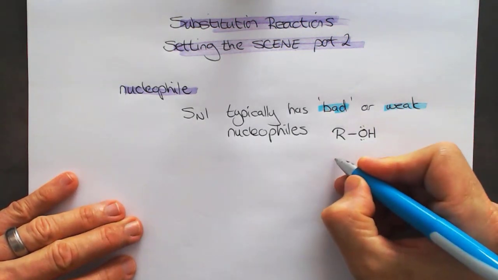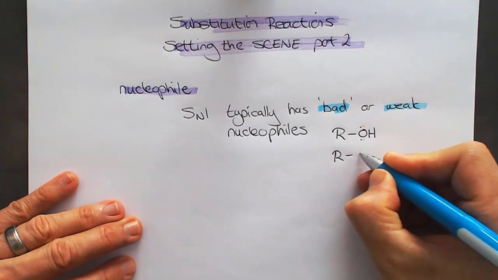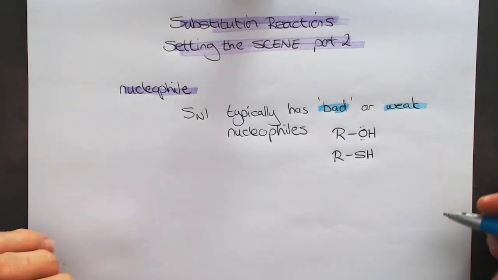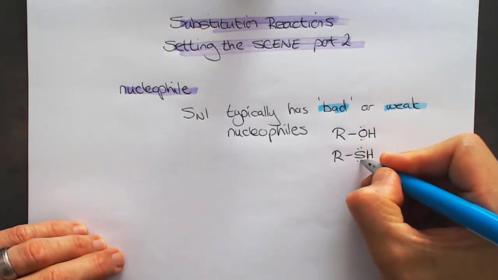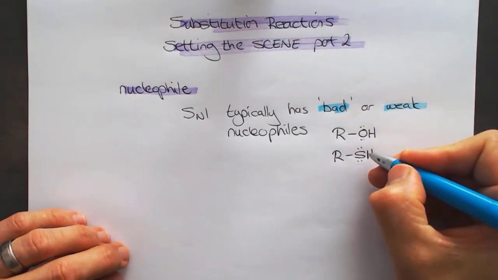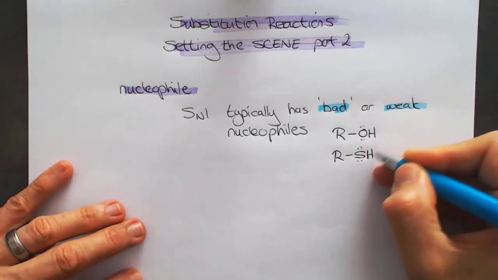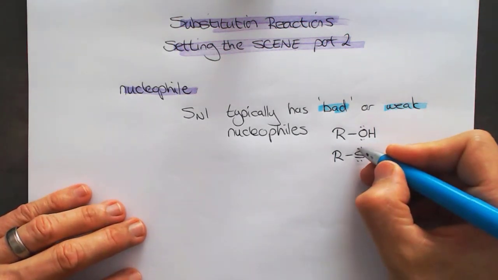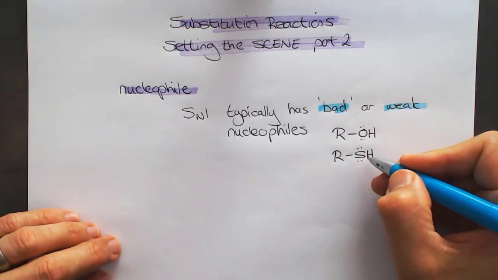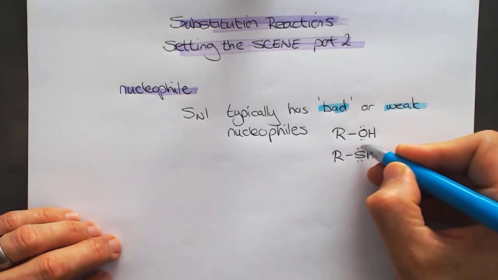Linked to that, but not as much, are the thiols, which are directly below, so sulfur is directly below oxygen in the periodic table. I put this one here quite cautiously because sulfur, being low on the periodic table, is a much larger atom and its lone pairs are sitting in higher orbitals, and so the lone pairs on sulfur are more nucleophilic than oxygen.